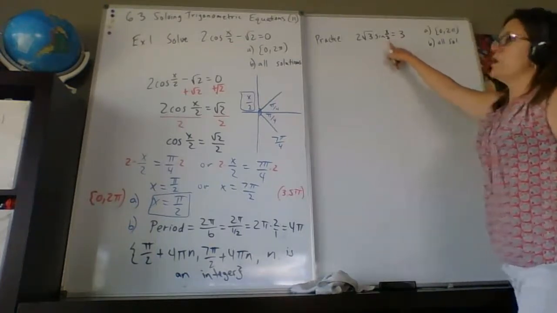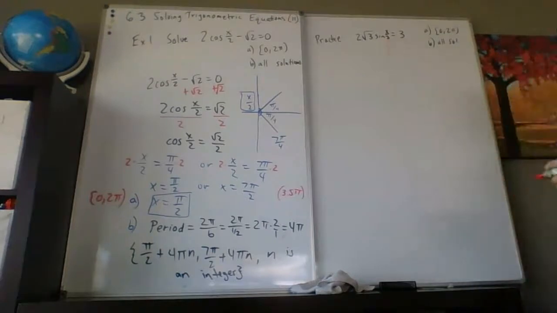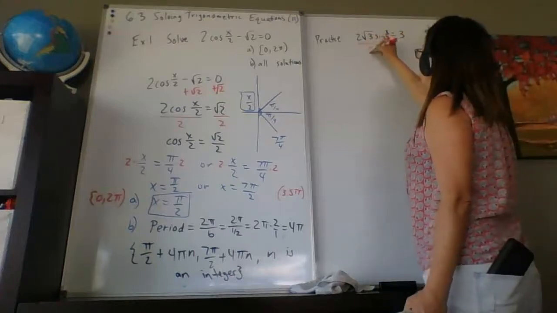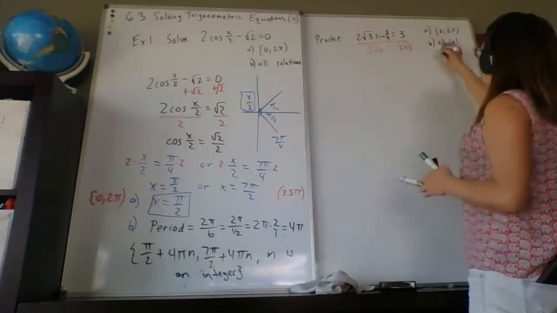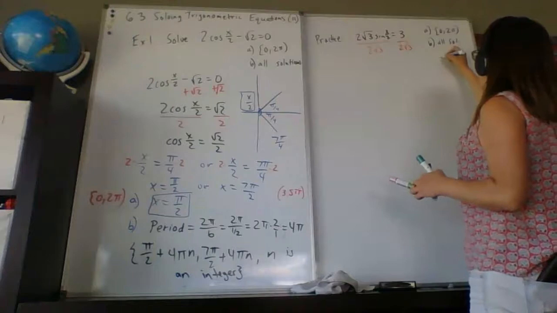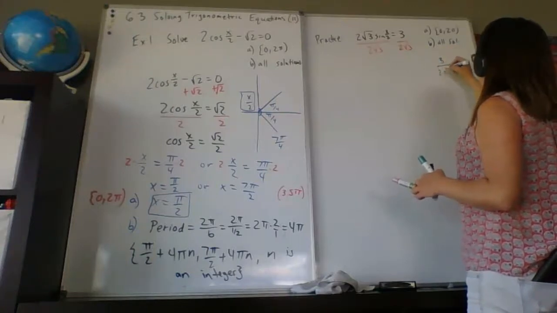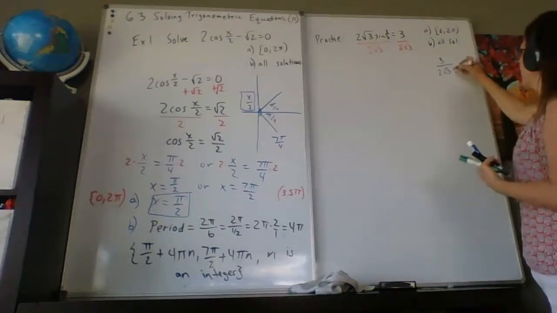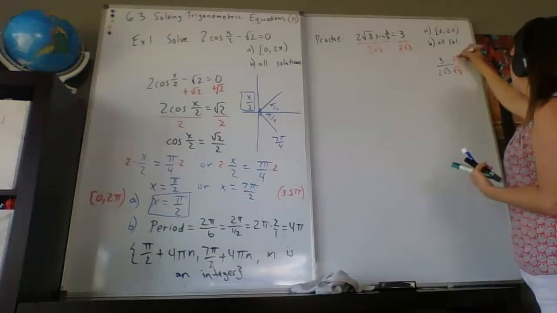Again, because we only have one input into a trig function of x over 2, and this is linear in form, we will isolate that sine of x over 2. So I need to divide both sides by 2 rad 3. So off to the side, let's simplify that. 3 over 2 rad 3. We need to rationalize the denominator, so we multiply top and bottom by rad 3.